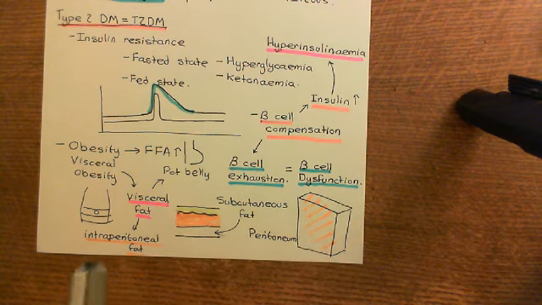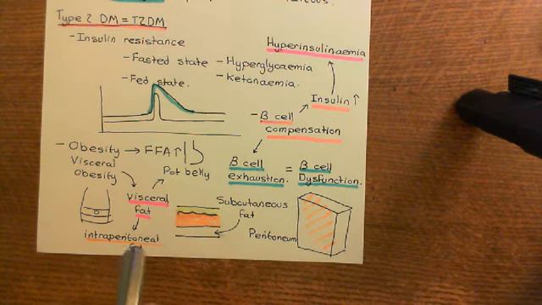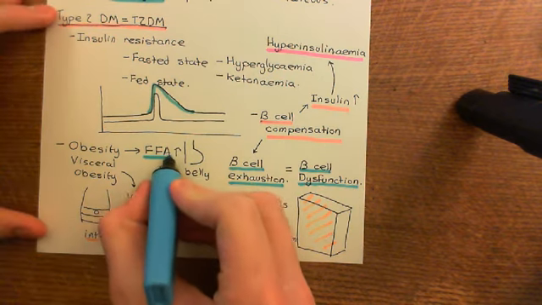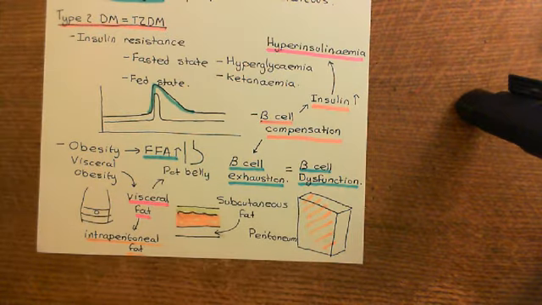It will more readily break down its triacylglycerols into free fatty acids and release them into the blood in response to low insulin than does subcutaneous fat. So obesity causes elevated levels of free fatty acid in the blood during the fasted state.